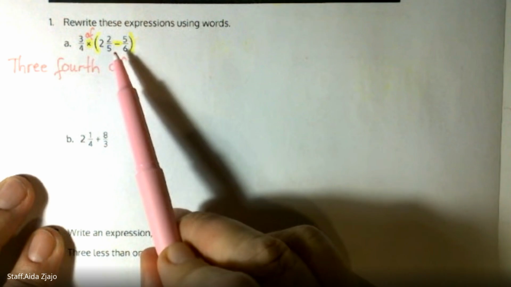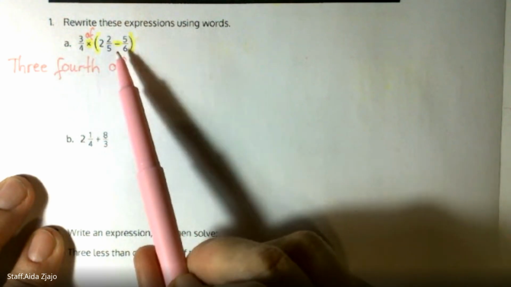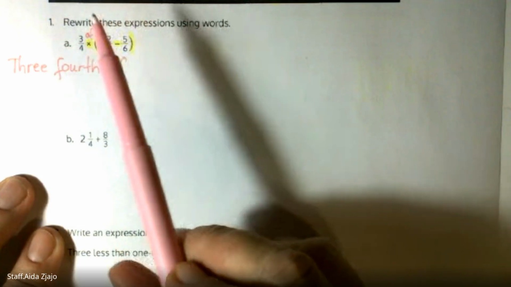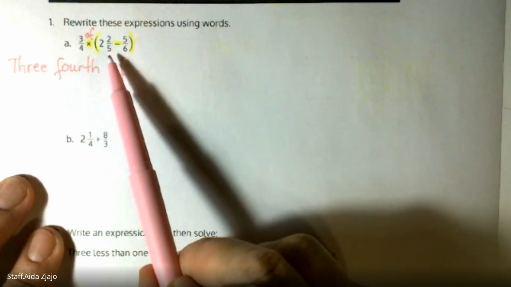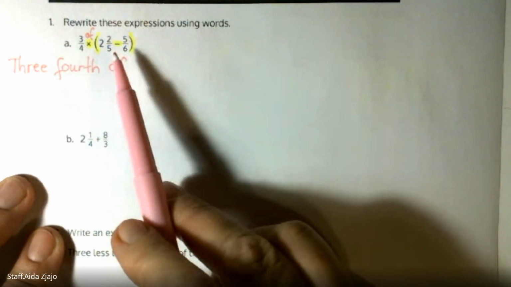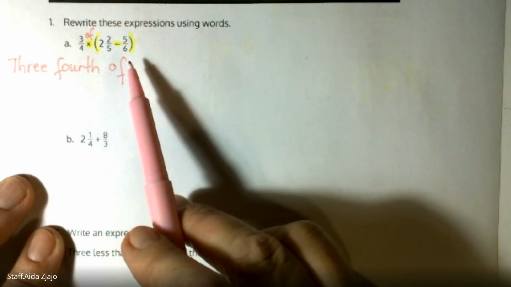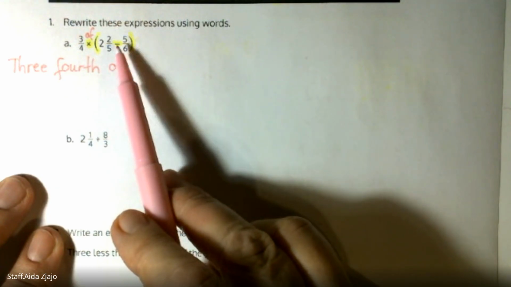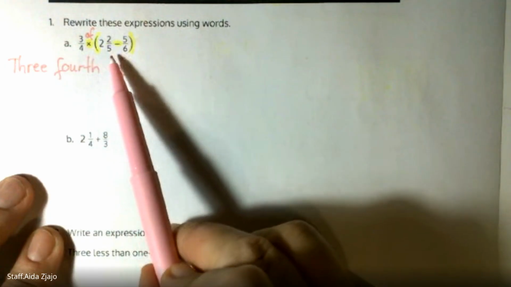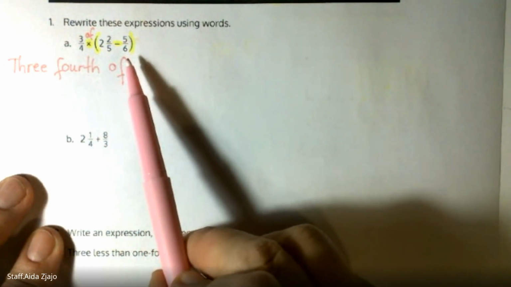We can say 2 wholes and 2/5 minus 5/6. We can say 2 wholes and 2/5 less than 5/6, or we can say the difference between 2 and 2/5 and 5/6.